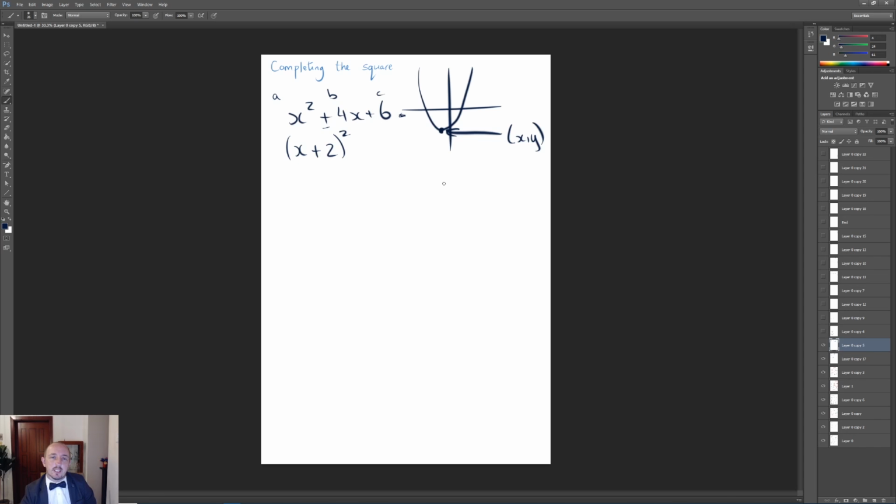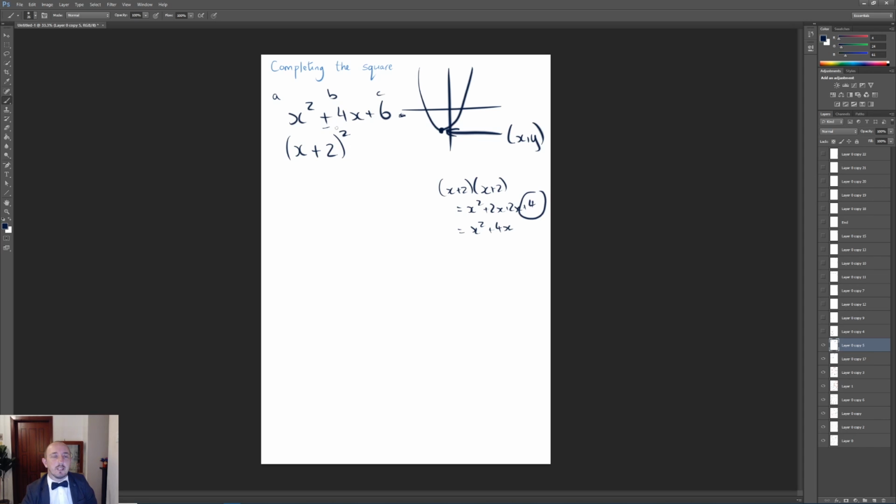Now if I do this to the side, x plus 2 squared, and we multiply it out, we get x squared plus 2x plus 2x plus 4, which is x squared plus 4x, which is what we actually wanted. But because we've squared it, we've actually got this extra plus 4 that we didn't want.